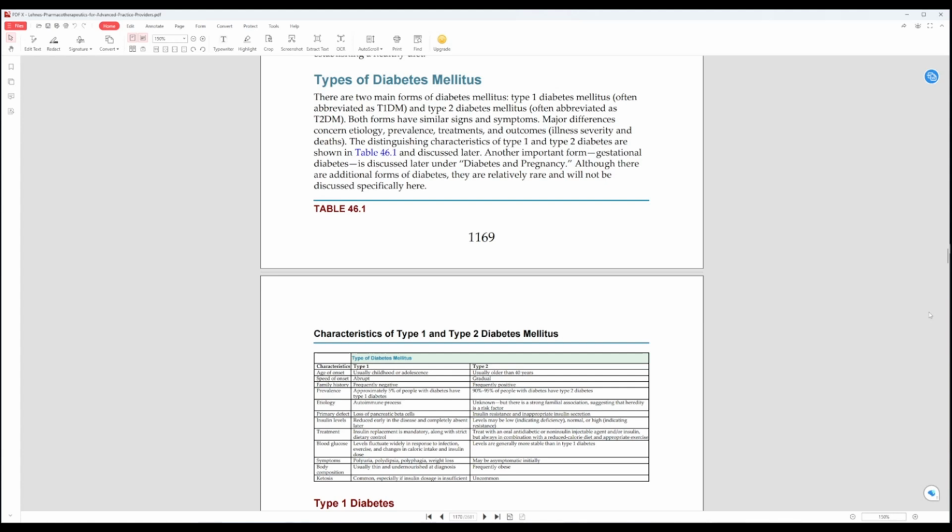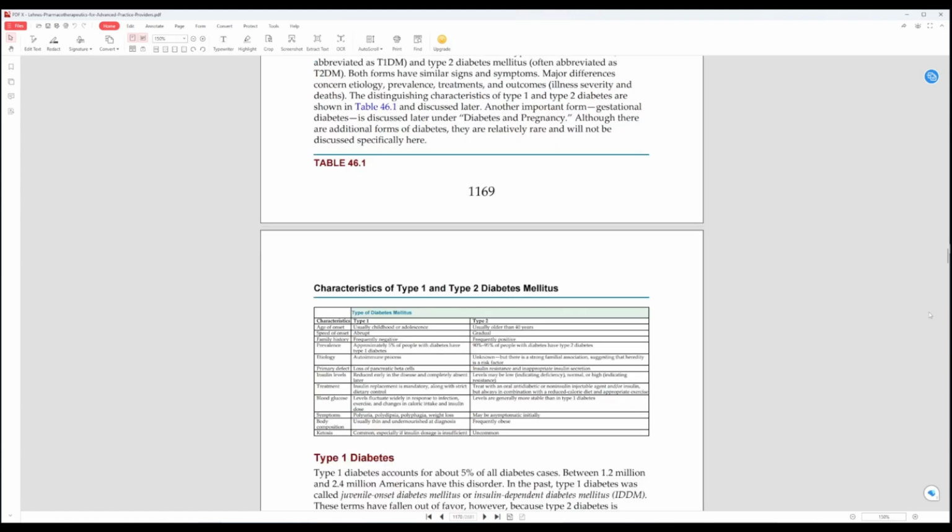The distinguishing characteristics of type 1 and type 2 diabetes are shown in the following Table 46.1 and are discussed further later. Another important form, gestational diabetes, is discussed later under diabetes and pregnancy. Although there are additional forms of diabetes, they are relatively rare and will not be discussed specifically here.